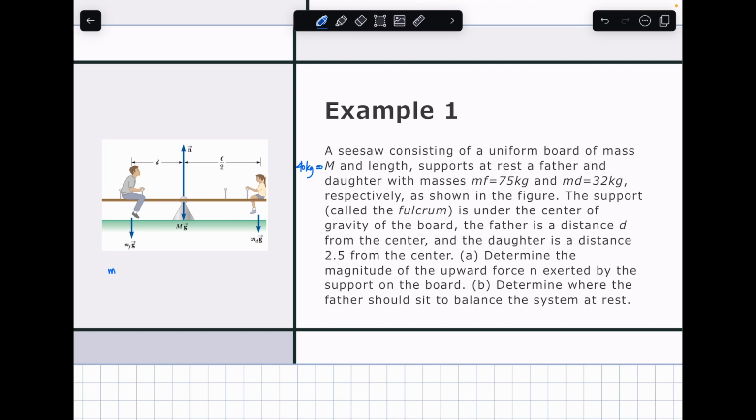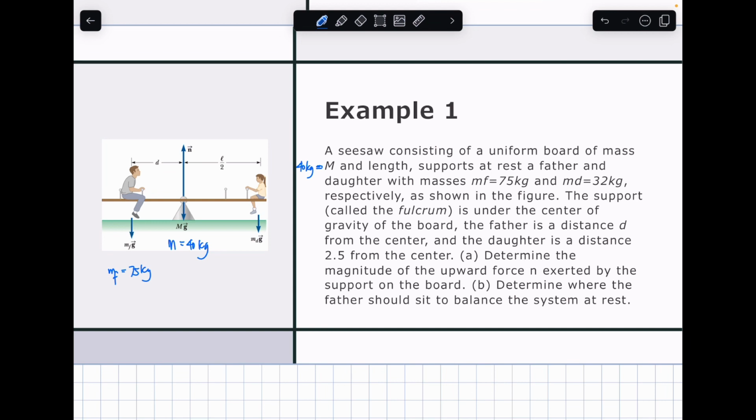So we have the mass of the father here, which is 75 kilograms. As for the mass of the board, since the board is rectangular, the mass, or the weight, will concentrate at the center or at the centroid of the given object. In this case, the mass is assumed. I included the mass there, which is 40 kilograms, so we could have a numerical constant.